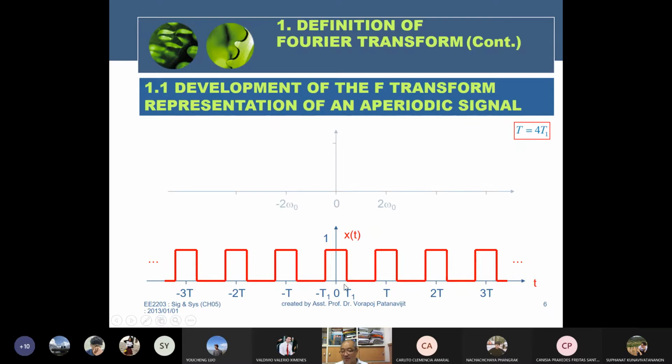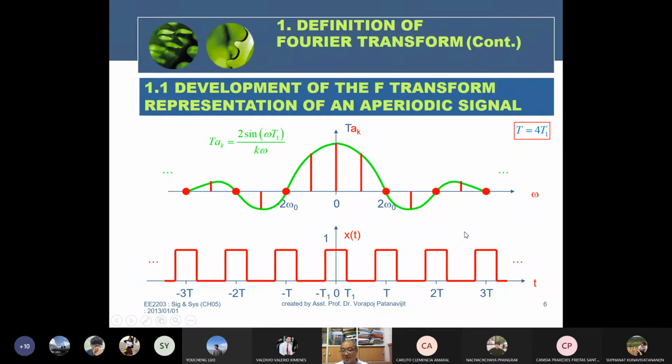Now in this case, we assume that T equals 4 T1, four times T1. The Fourier series for this x(t) is the red graph function. You can see that it is discrete.